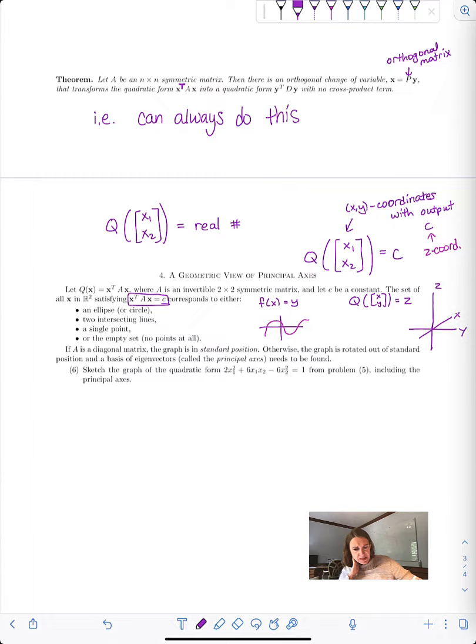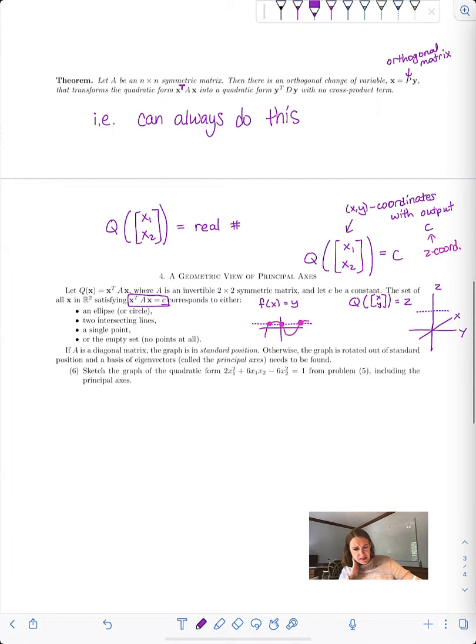And fixing a given z value is kind of the same as fixing a given y value. If I told you to pay attention to all the input values that give you a certain output, that's kind of the same thing as saying, so this is now going to be some sort of surface type of thing, and we're kind of cutting it off at a certain z value.